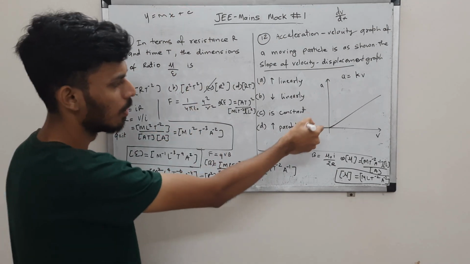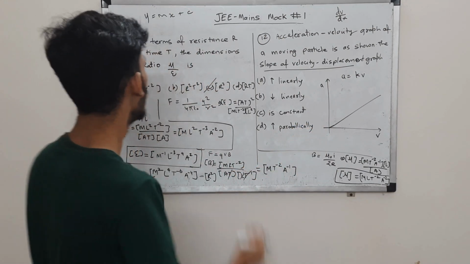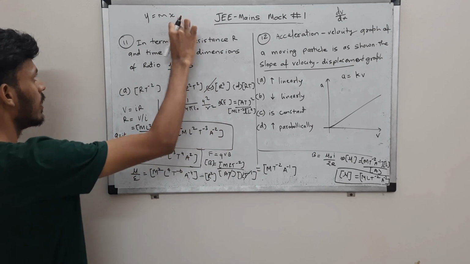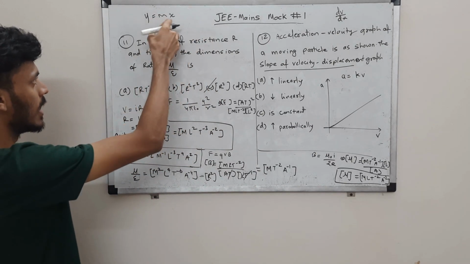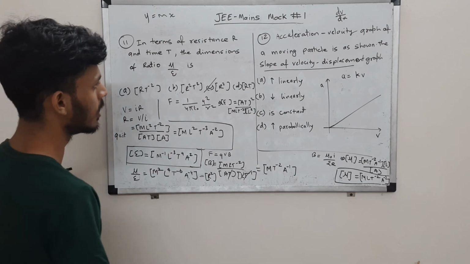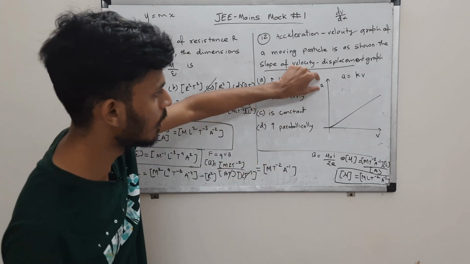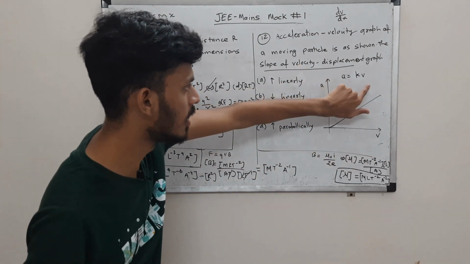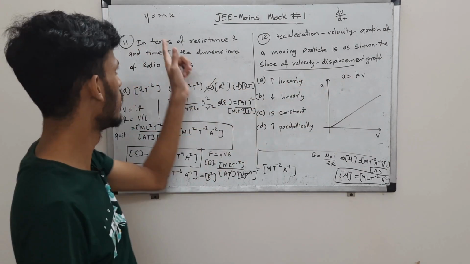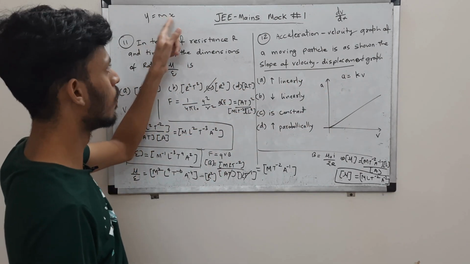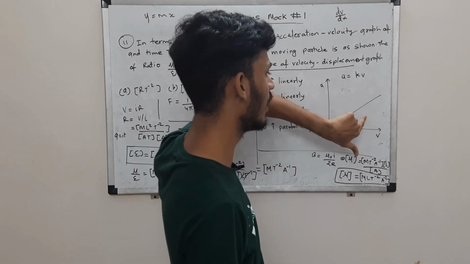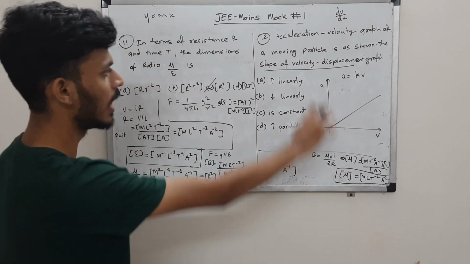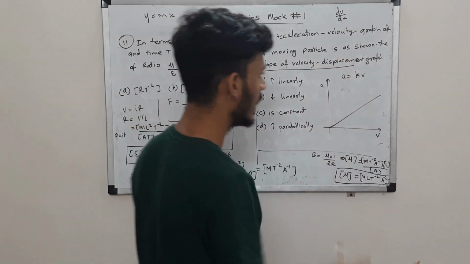Here c is 0, so it's a line of slope m but 0 intercept. So y is equal to mx passing through the origin. So a is equal to some constant times v, and that constant is the slope, which is k. So that is the equation between a and v.